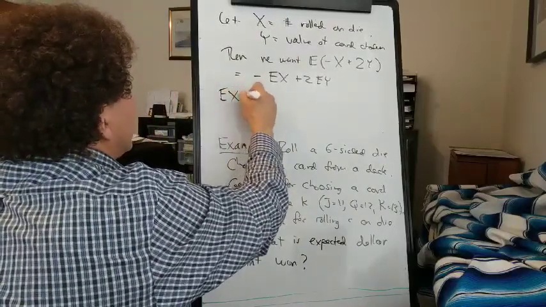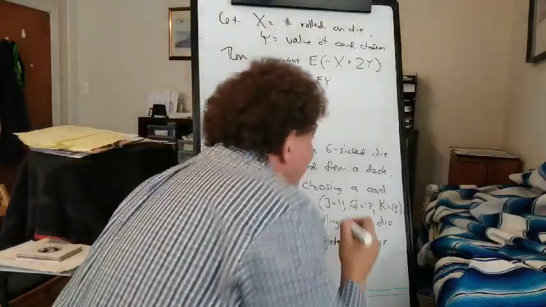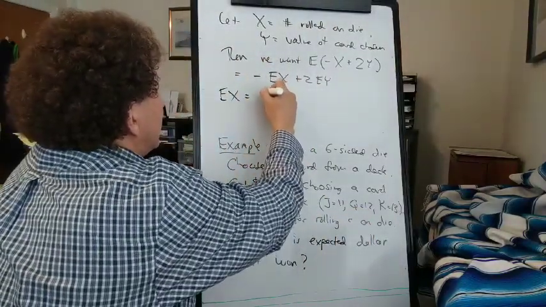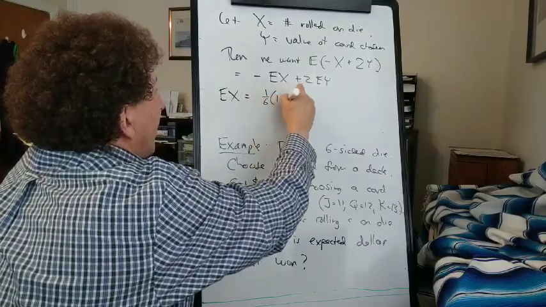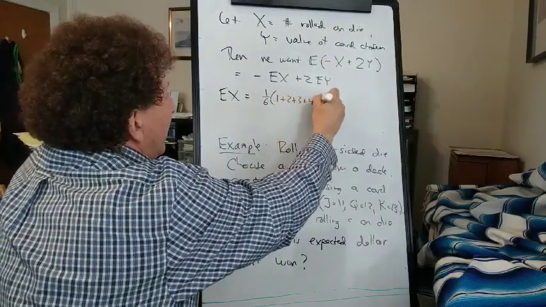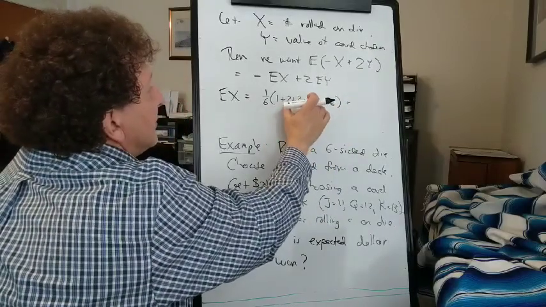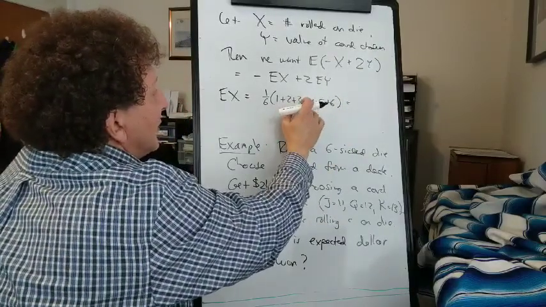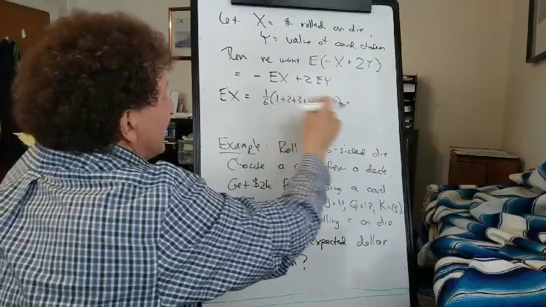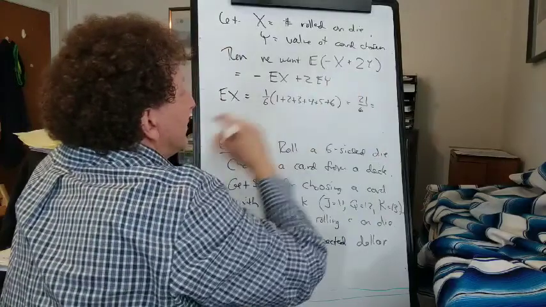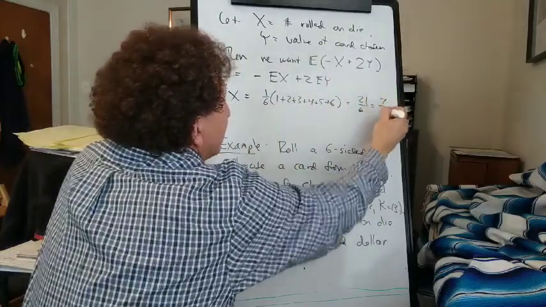The expected value of x is, so we've got the numbers 1, 2, 3, 4, 5, 6, each occurring with probability 1/6. 1 and 6 is 7, 2 and 5 is 7, 3 and 4 is 7. So we've got 3 sevens are 21 over 6, divided by 3, 7 halves.